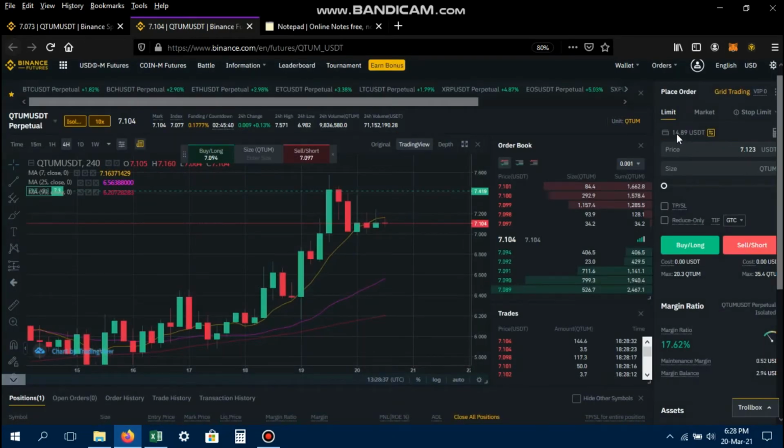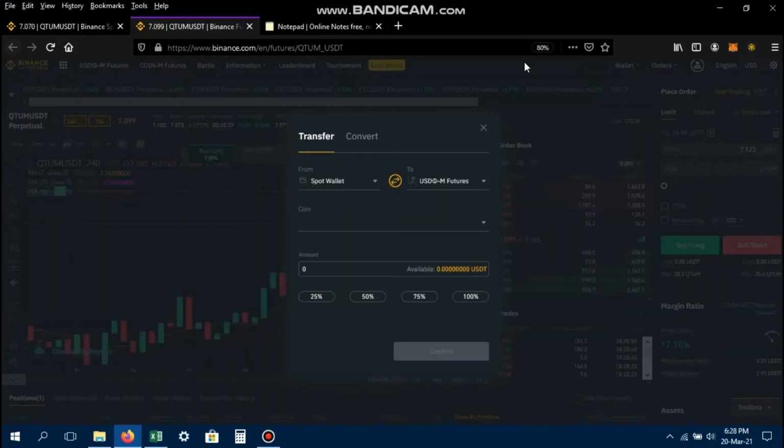When you come into the future screen, your wallet over here will be 0. So what you have to do is click this icon. It will open an option like this. Then you transfer whatever USDT you want from your spot wallet to your future wallet. You can transfer as much as you want.